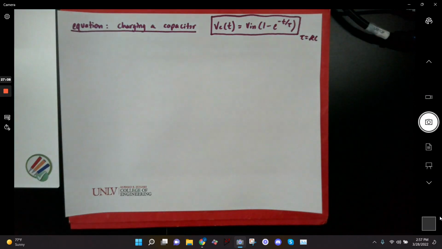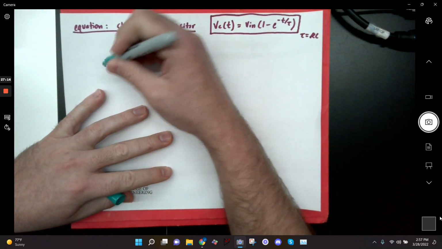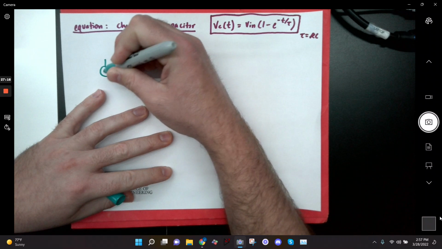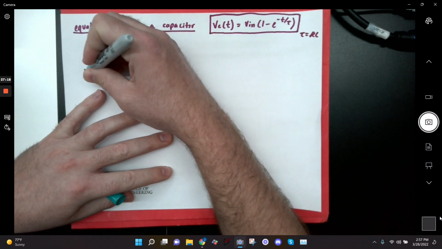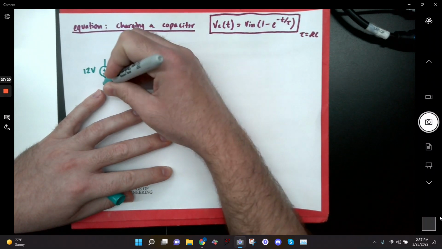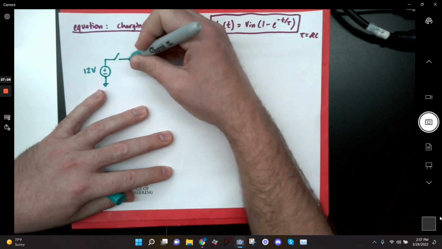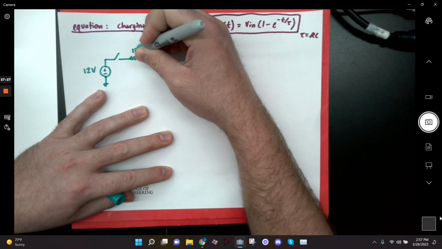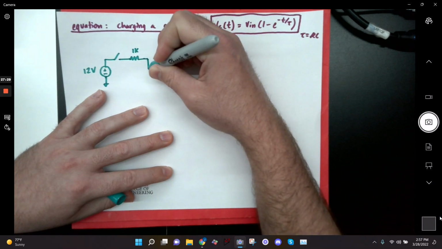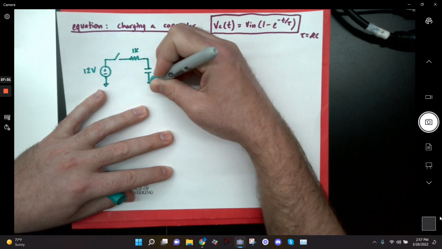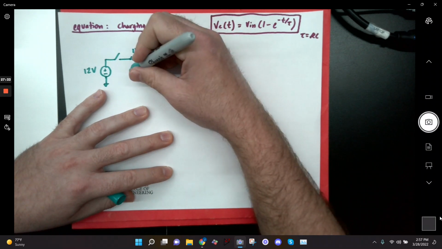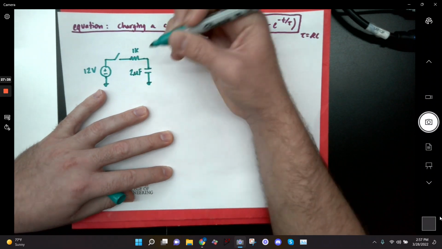All right, so let's do an example. Let's say I've got a 12-volt battery, and I've got a switch. I've got a resistor of 1K, and let's say I've got a capacitor of 2 microfarads, okay?